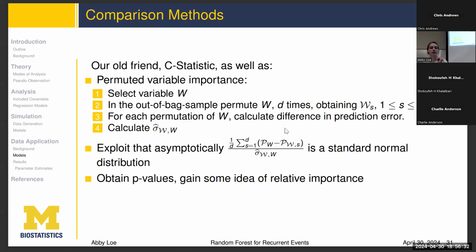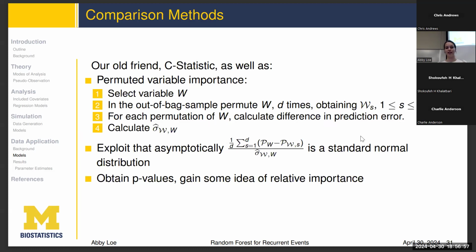For each of your permutations, you're going to calculate the difference in prediction error between your original W, completely related to your outcome, and your mixed up W that should have no relationship to your outcome. You're going to calculate the sample standard error of these prediction errors.